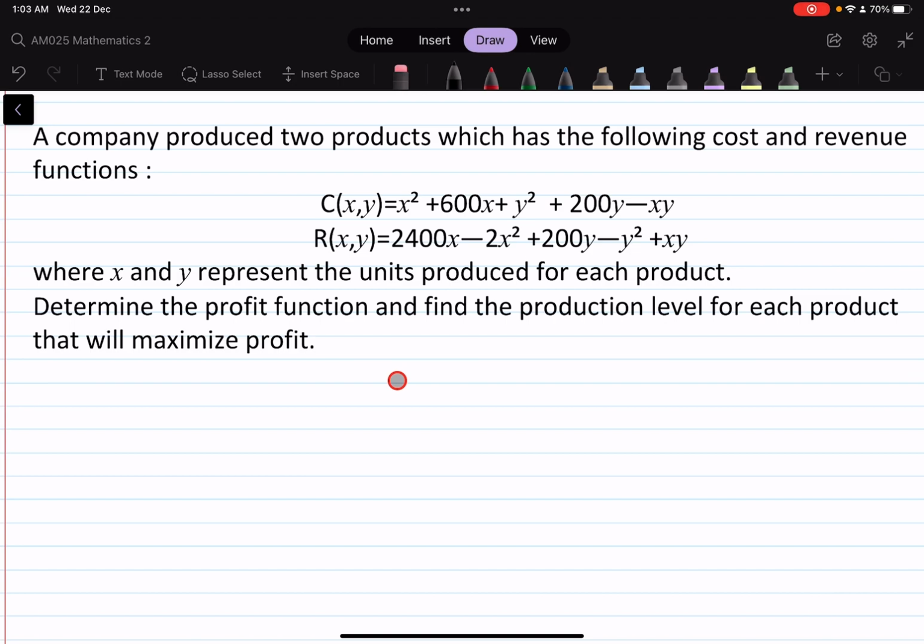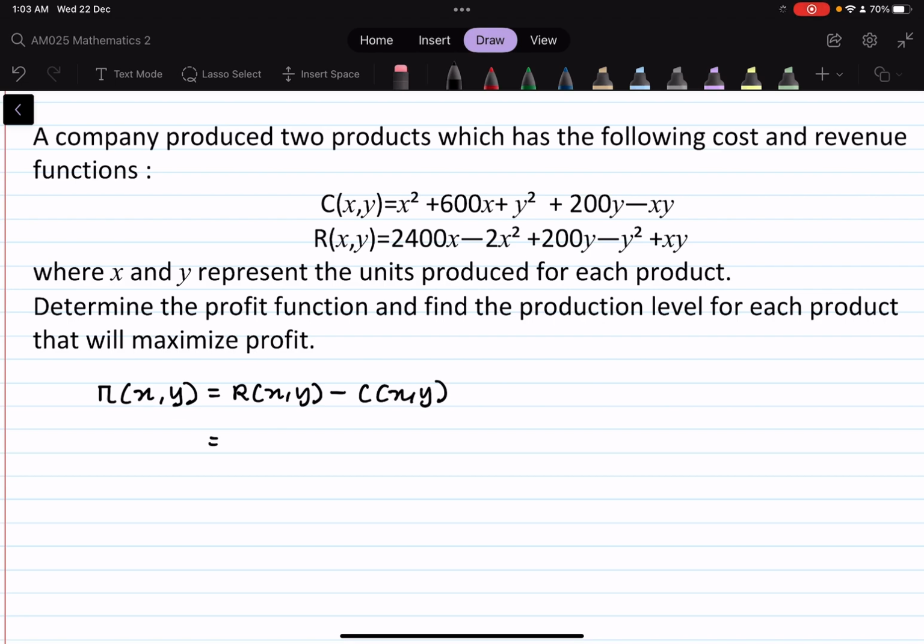So let us start with finding the profit function. Let's denote it with pi(x,y). We know that the profit function is revenue minus the cost function.